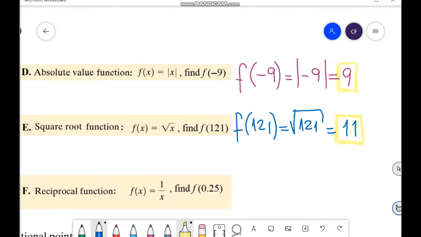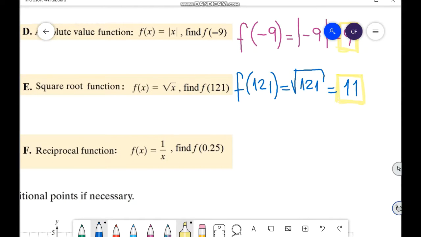Now the last one of the first part. What is the reciprocal function? f of x equals 1 over x. Find f of 0.25. What is f of 0.25? You're going to apply the reciprocal function, 1 over 0.25.